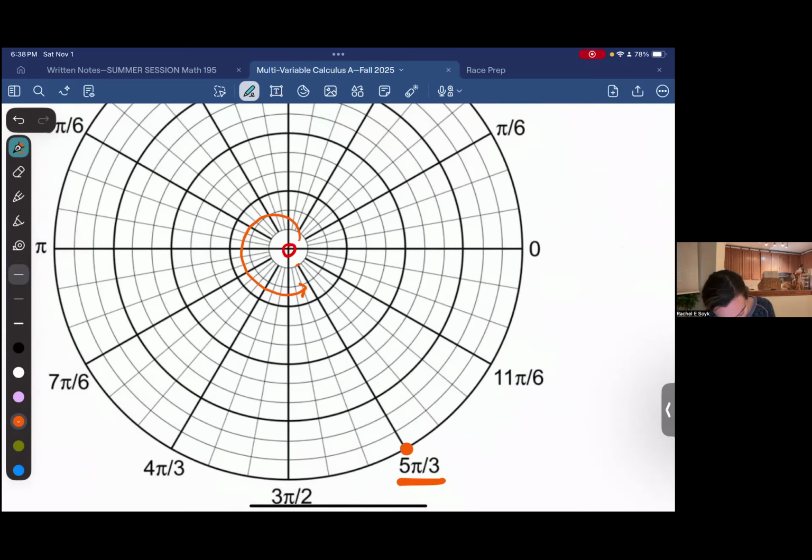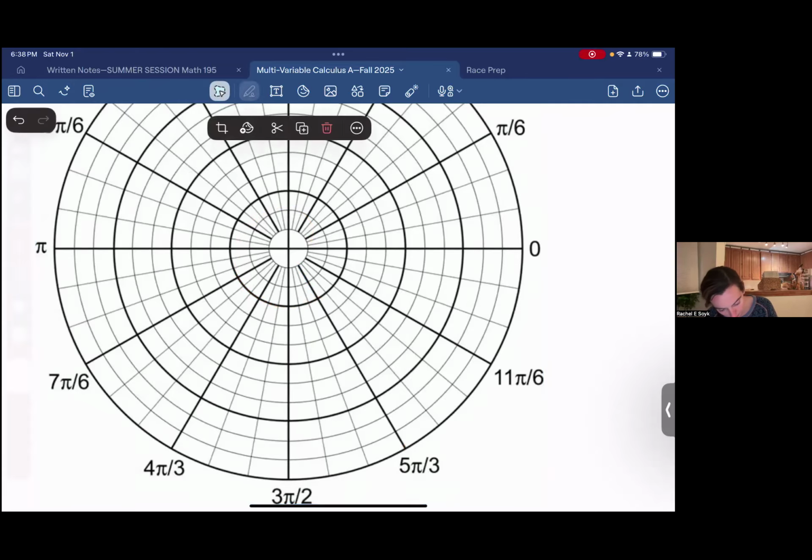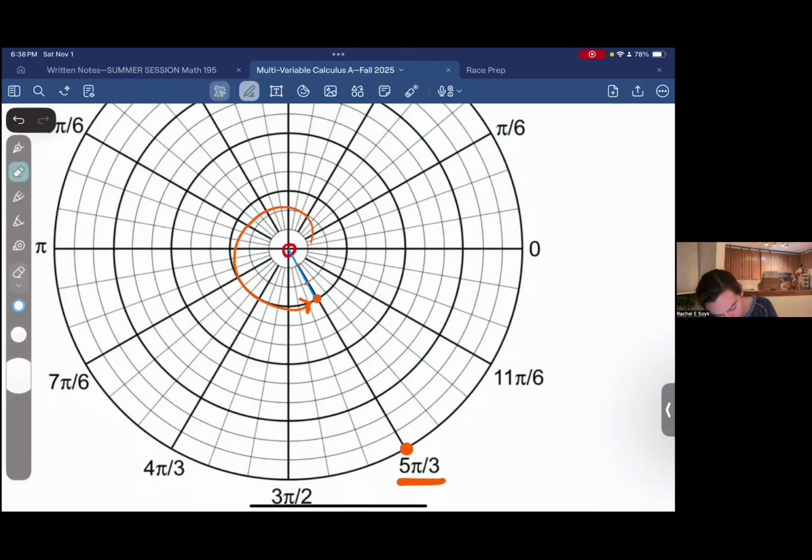So this is 1, this is 2, and this is 3. So this is our point. And if we want to be a little more accurate, we can move the arrow so it's actually pointing there. So it's all the way out to here. And now we can draw out our line stemming from the origin, and we can write out r is equal to 3.